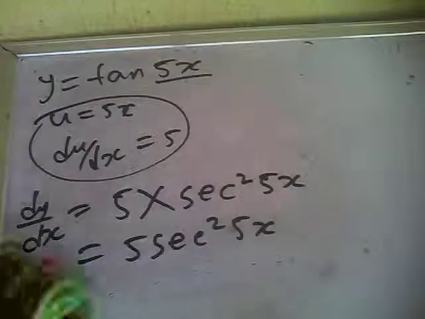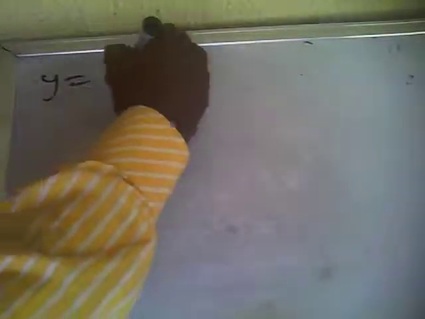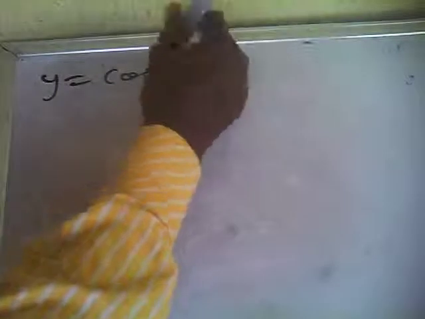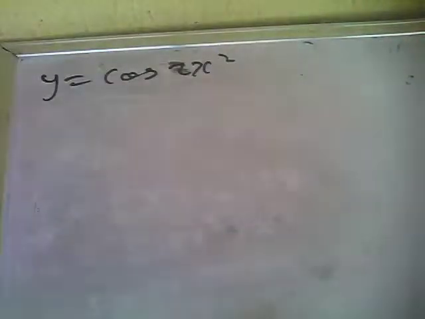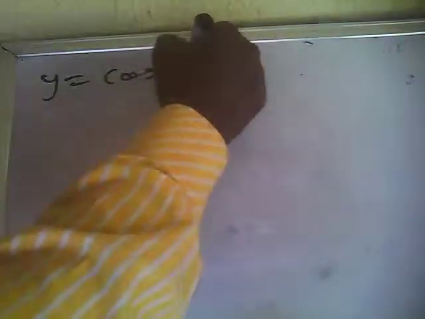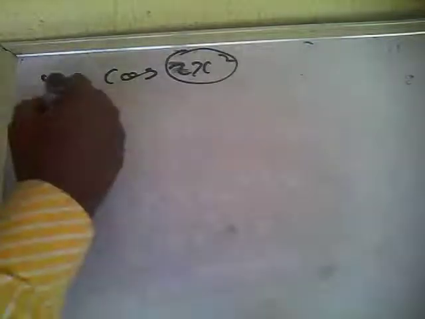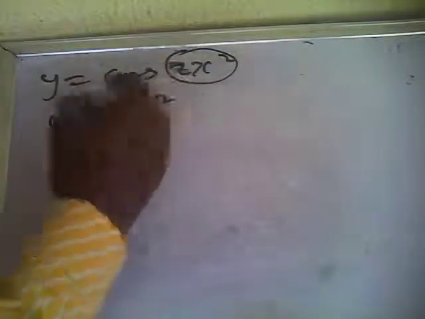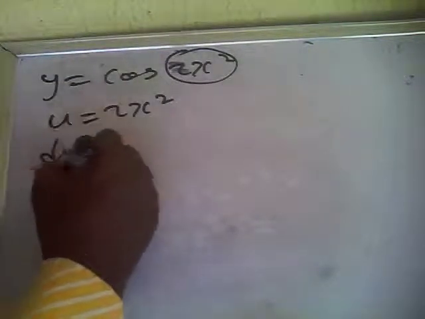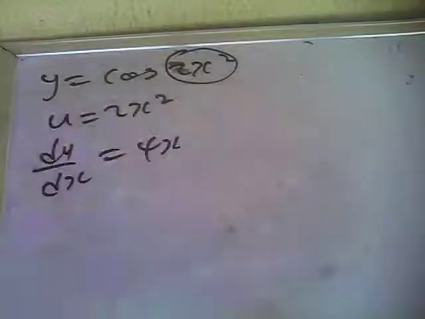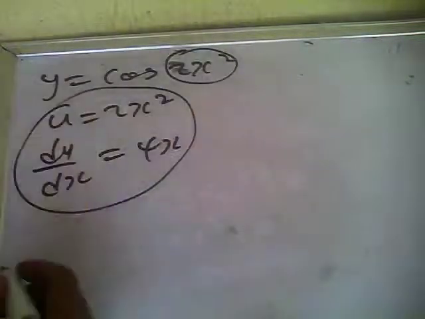Finally, when we have a problem of the form y is equal to cos of 2x squared, we have to pick this out. We say u is equal to 2x squared. So we differentiate that: du/dx is going to be 4x.